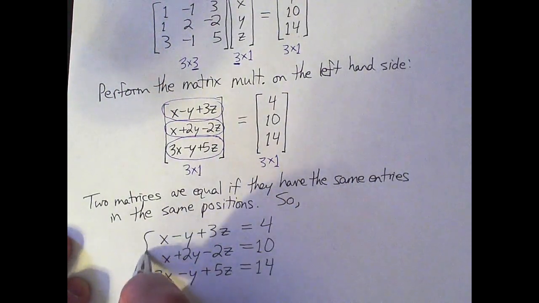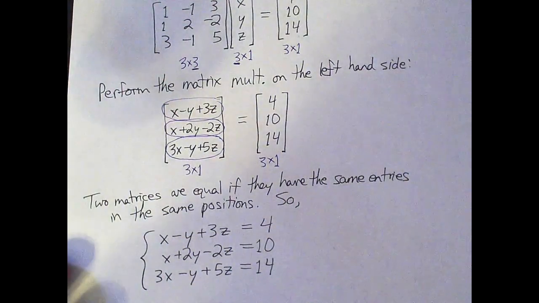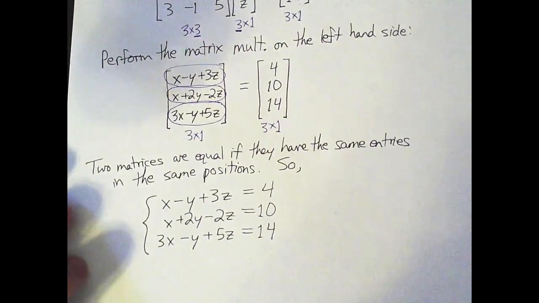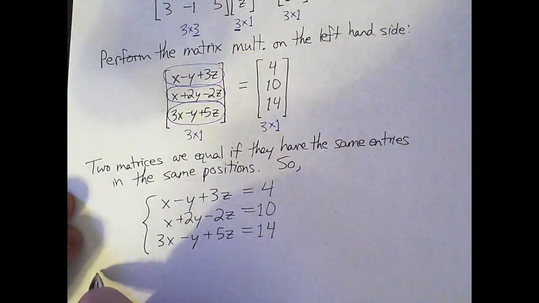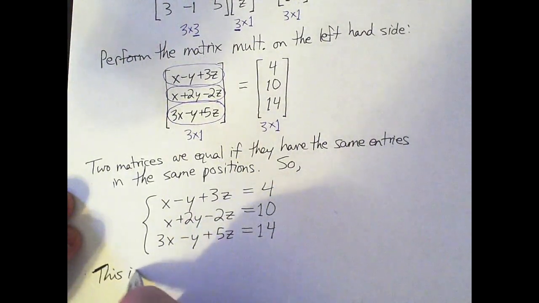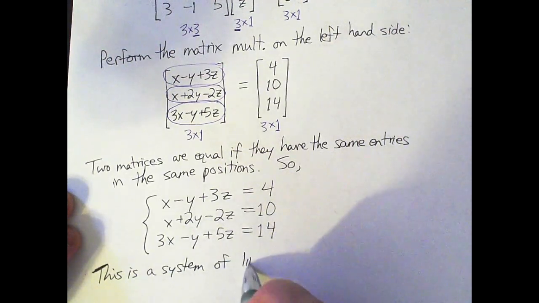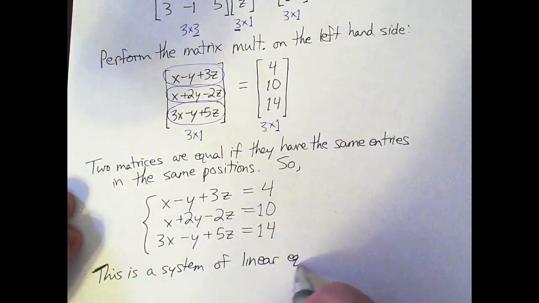We usually put a little squiggly bracket to the left of it, and we call it a system. All right, so this is a system of linear equations.